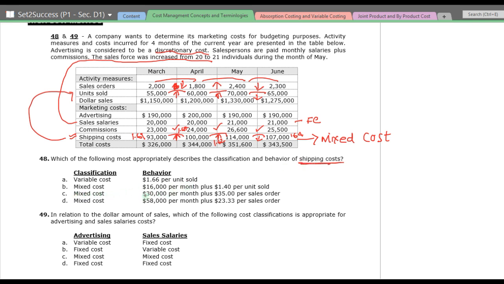Now let us find out the fixed cost and variable cost per unit. That is done by the high-low method, by selecting the highest cost and the lowest cost, and the highest activity and the lowest activity.